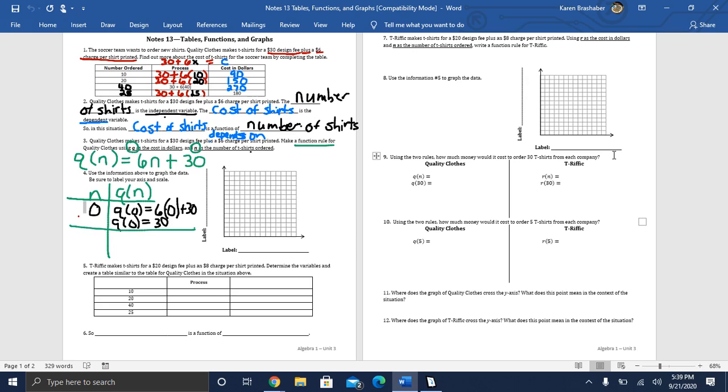Now the other values I'm just going to use from the table up above. So when there were 10 shirts, we found that our cost was $90. When there were 20 shirts, we found out that our cost was $150.